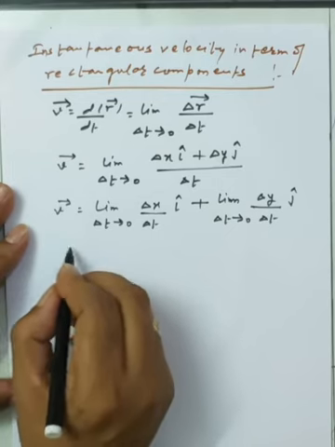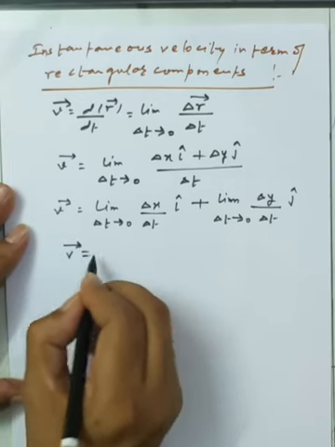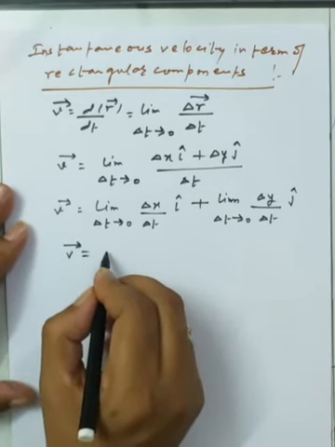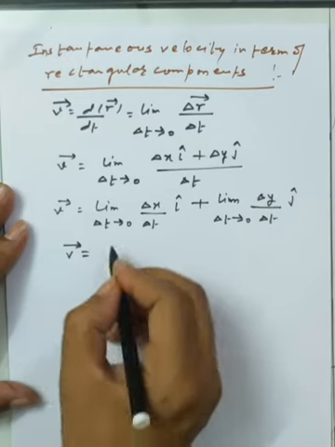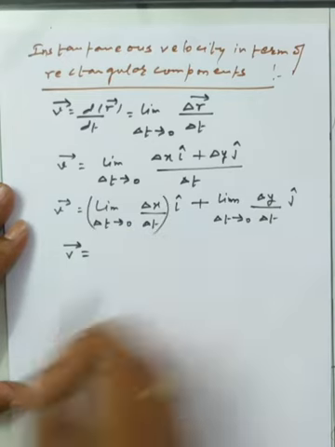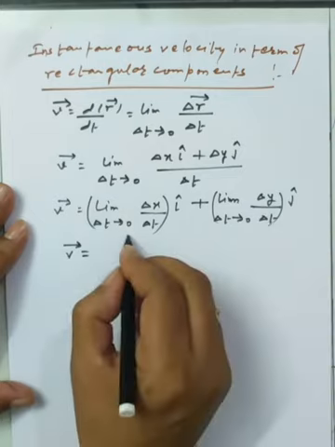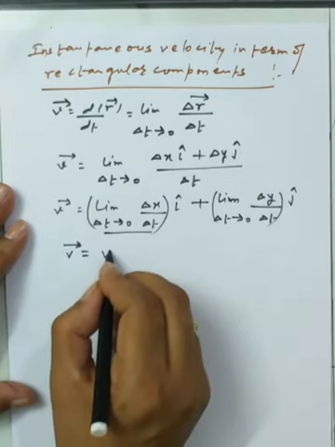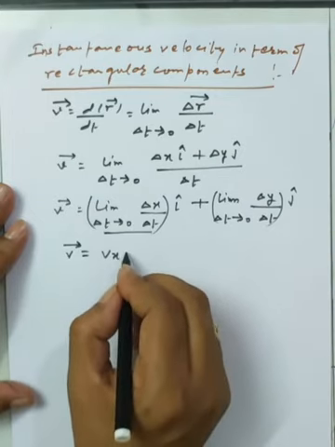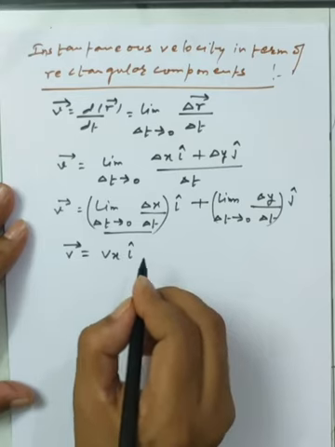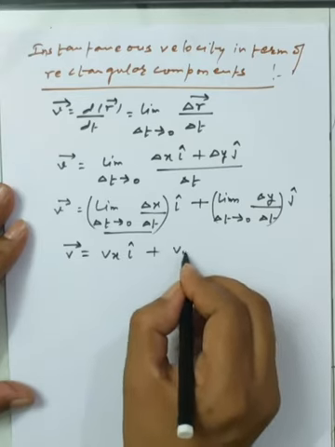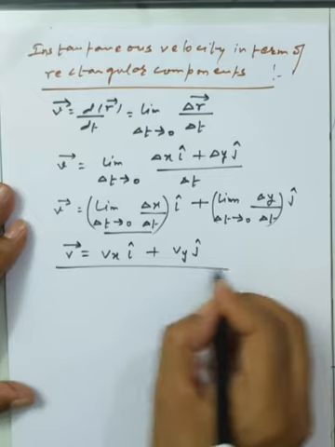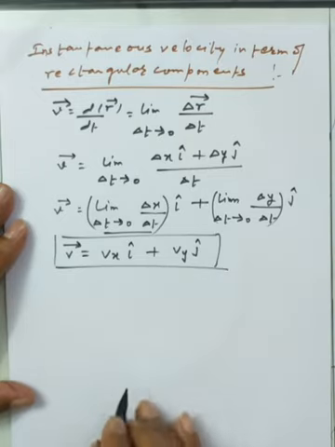So now we are able to represent the instantaneous velocity along the x-axis. This whole representation is represented in terms of x. So vx is the instantaneous velocity with i cap, plus vy with j cap. This is the simplest representation we have.